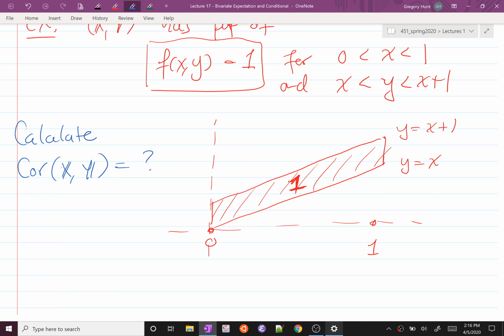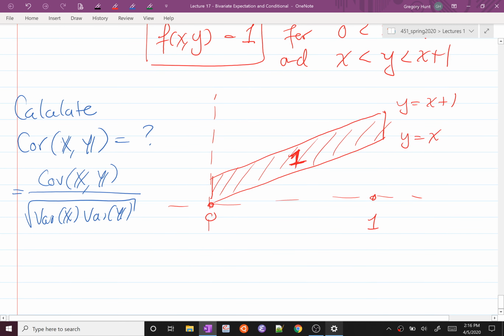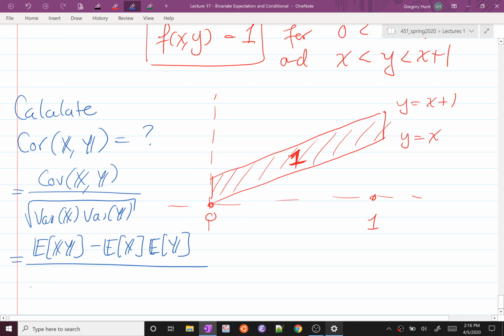To do this, we can write this as the covariance of x and y over the square root of the variance of x times the variance of y. And so we get the marginal of x and the marginal of y, we calculate the variances, and we can use our shortcut formula to say this is E of XY minus EX times EY, divided by the square root of variance of x times variance of y.